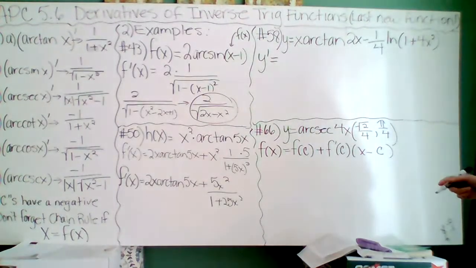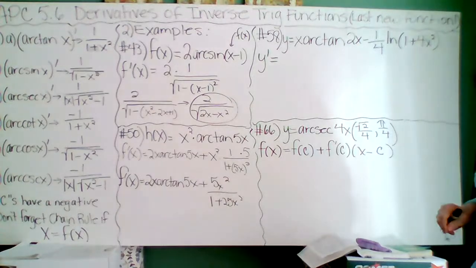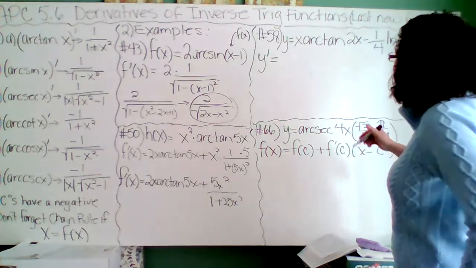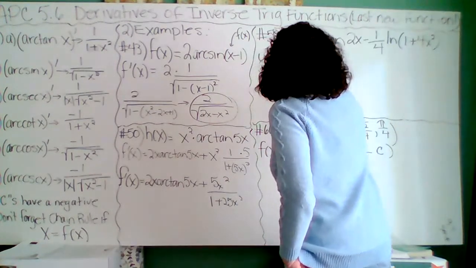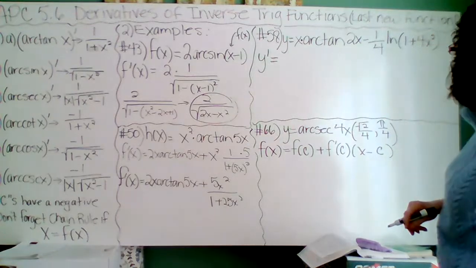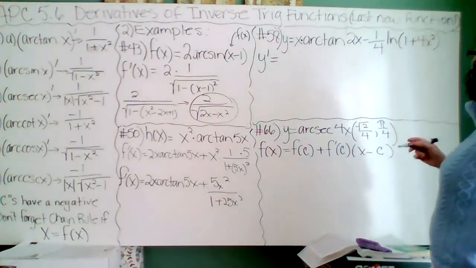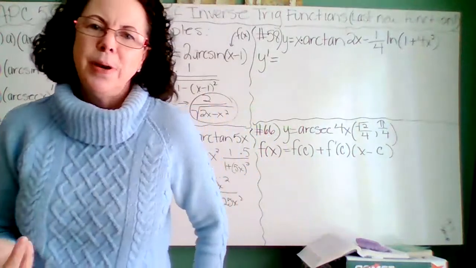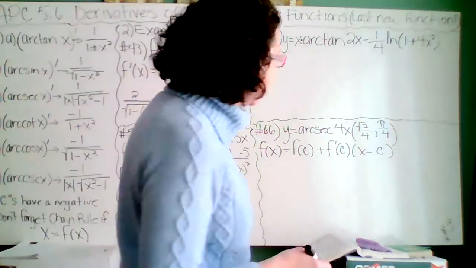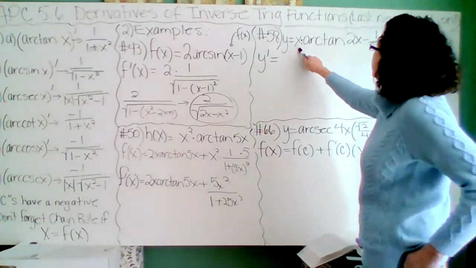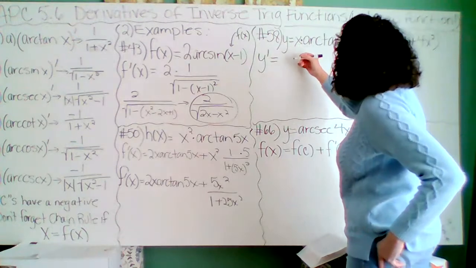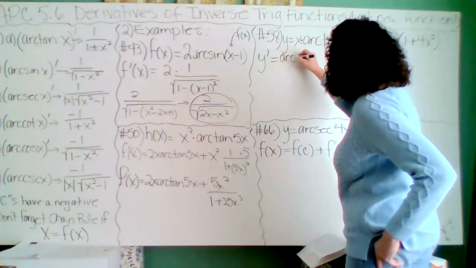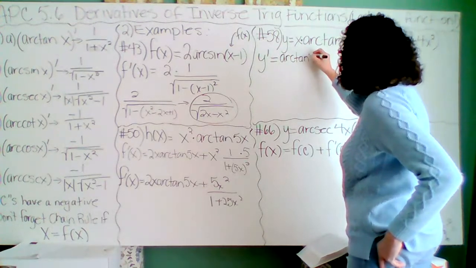On number 58, they are asking for the derivative of this crazy expression here. So let's go ahead. We have a product rule here. This is x times arctangent of 2x minus 1/4 the natural log of 1 plus 4x squared. You may ask why they throw it in there, and you'll probably notice why in a second. So let's use the product rule here. The derivative of x is 1. I'll keep my arctangent of 2x.